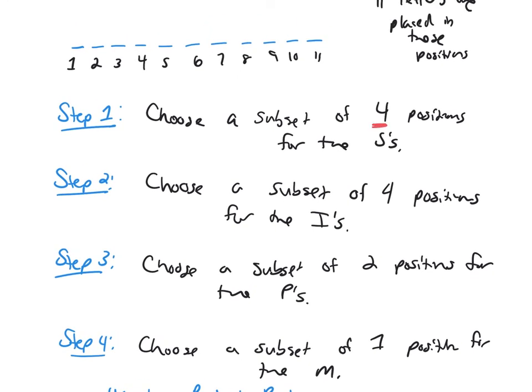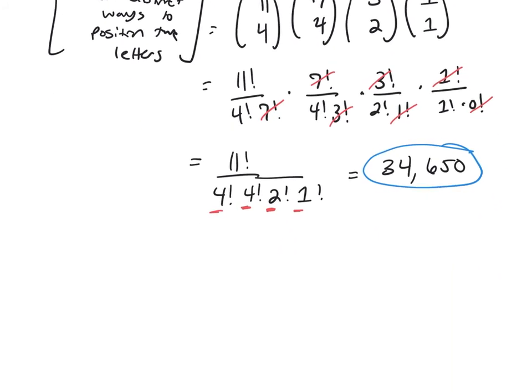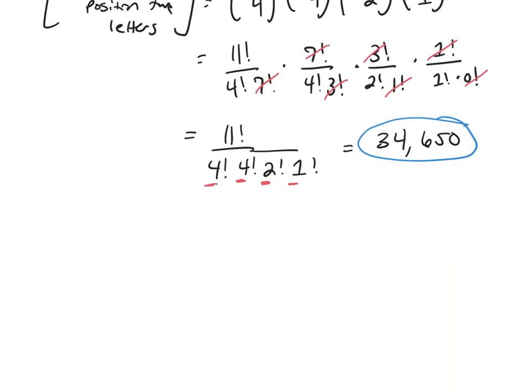We had 4 S's, 4 I's, 2 P's, and 1 M. So now we can state a general way to formulate counting these permutations: permutations with sets of indistinguishable objects.